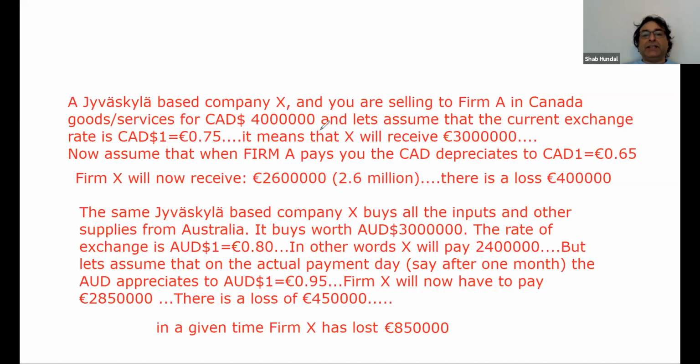So when it comes to money receiving, the worst thing that can happen is that the foreign currency depreciates. And when it comes to money payment, the foreign currency can appreciate.